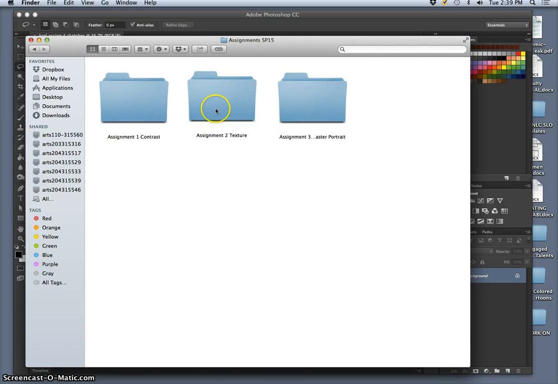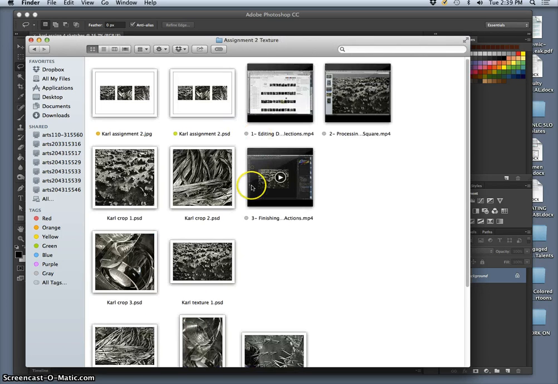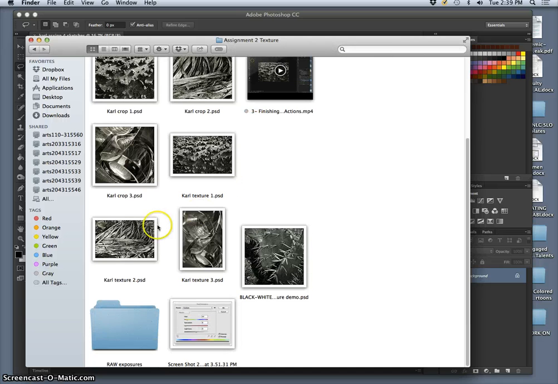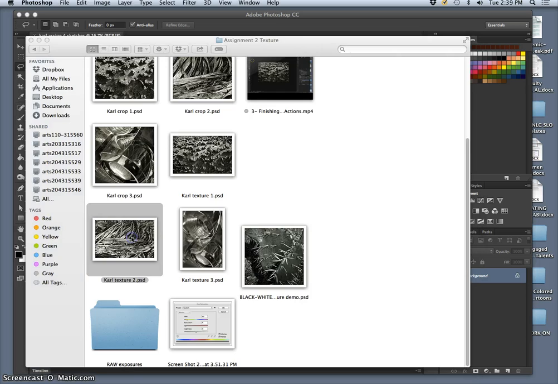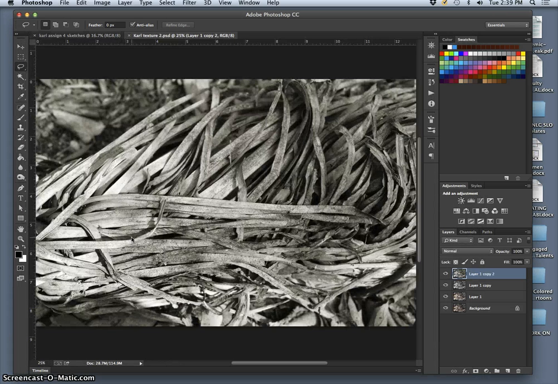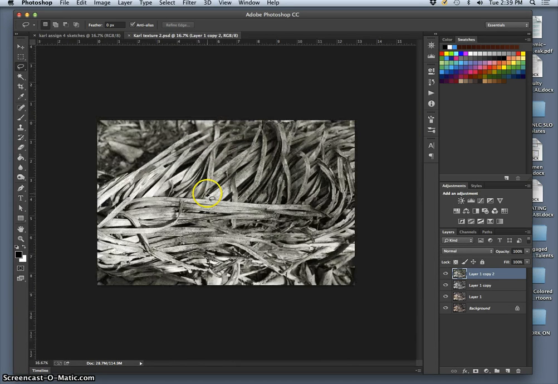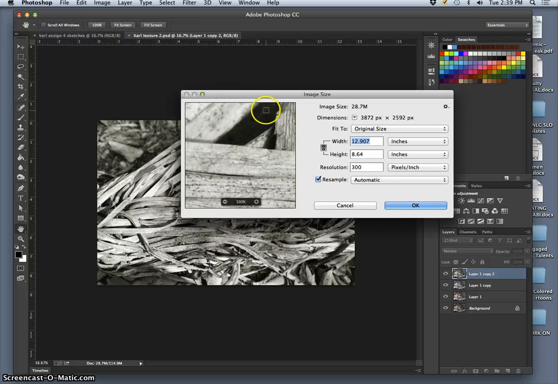So take maybe one of my texture exposures, like this. What I need to be informed by is what the exact dimensions of my picture plane are. So what is 8.6 by 12.9?